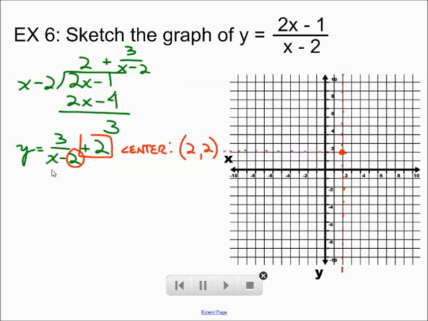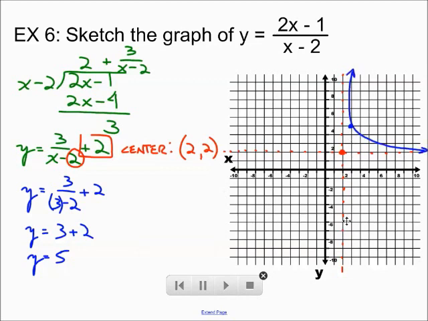And then we'll plug, say, a 3 in here, so we can get an output of 3 plus 2, which is 5. So plot that point. Input 3, output 5. There's one branch. Here's the other branch of our hyperbola, and good enough.